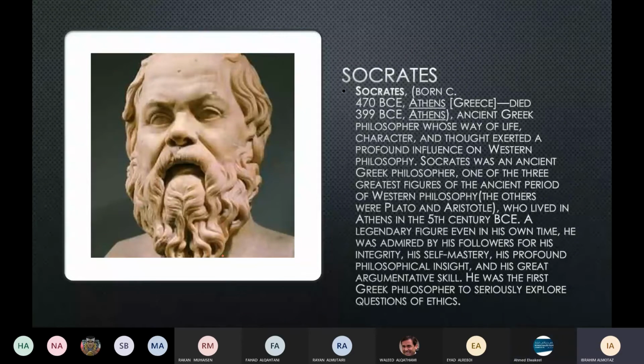A legendary figure, even in his own time, he was admired by his followers for his integrity, his self-mastery, his profound philosophical insight, and his great argumentative skill. He was the first Greek philosopher to seriously explore questions of ethics.